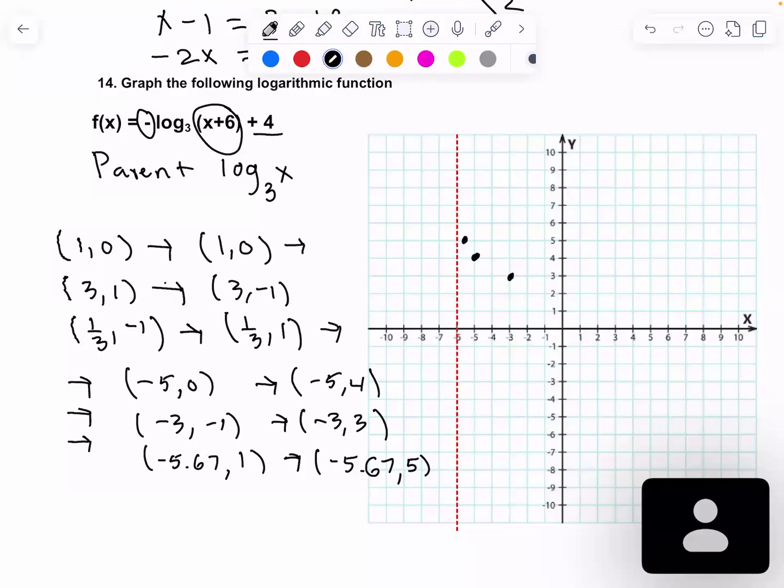Okay, so we know that the graph looks something like, okay, now I know this can't be. I'm so sorry. I gotta find my mistake. Okay, so that was 1, 0, 3, 1, 1/3, -1. Made it negative. I subtracted the 6.